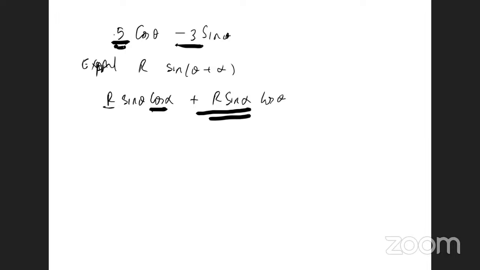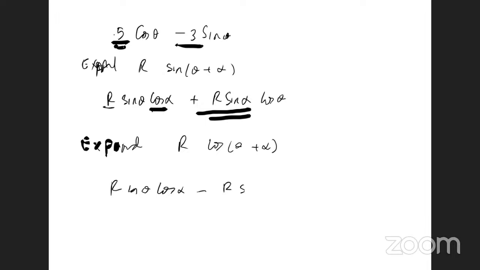All right? So suppose instead, what you see. Suppose instead we expand r cos theta plus alpha. What will happen? You'll get r cos theta cos alpha minus r sine theta sine alpha.